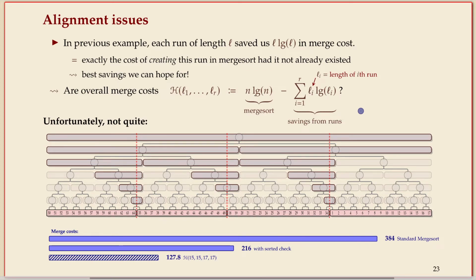There's one step in between. So if you see this, it sounds just really stupid to insist on cutting things exactly in half at each recursive call if that doesn't align with the run boundaries we find in the input. That's definitely the cause of this overhead. So let's try to get away from that.